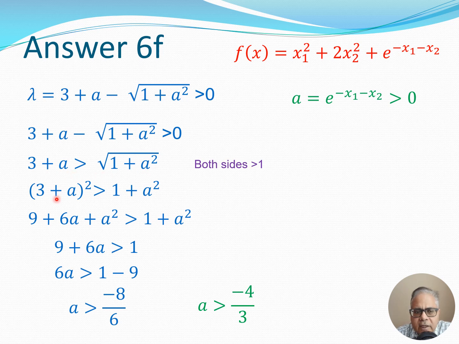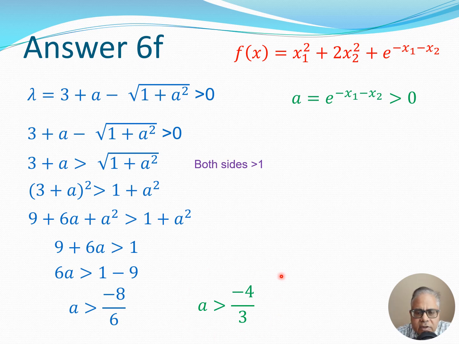So in that case, I can square both the sides and I get 3 plus a, whole square, is greater than 1 plus a square. I further simplify both these sides and do some cancellation of the a squared term. I get 9 plus 6a greater than 1. That becomes 6a greater than 1 minus 9, which is minus 8. I get a is greater than minus 8 by 6, or a is greater than minus 4 by 3.